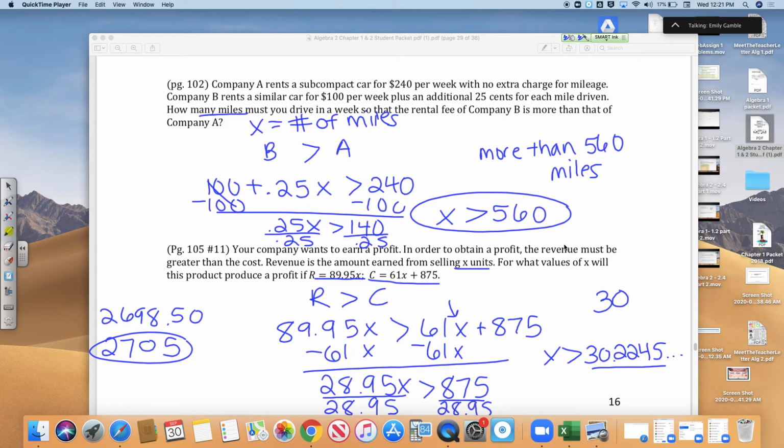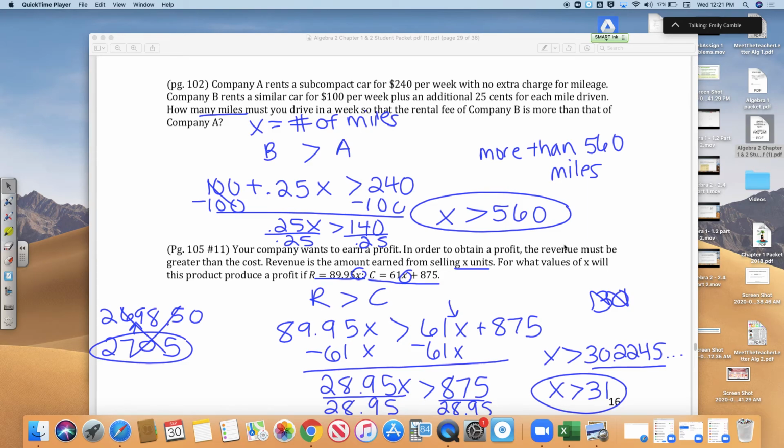My cost is more than my revenue, so this would not be a profit. So 30 actually is not going to work. Anything greater than 31 is going to be the answer where my revenue is more than my cost. If I replace 31 in for X here and here, you'll see that the revenue is more than the cost, and that's what we are looking for.